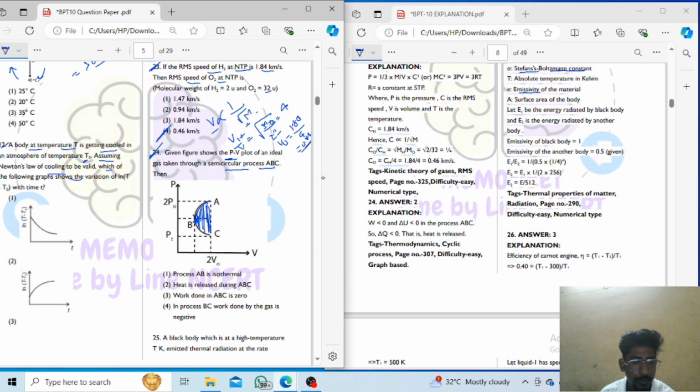So it becomes T to the power 4 by T to the power 4 by 256 into 0.5. T to the power 4 cancels out, 0.5 means 1 by 2, so 1 by 2 into 256 means 512. Therefore E2 will become E by 512.